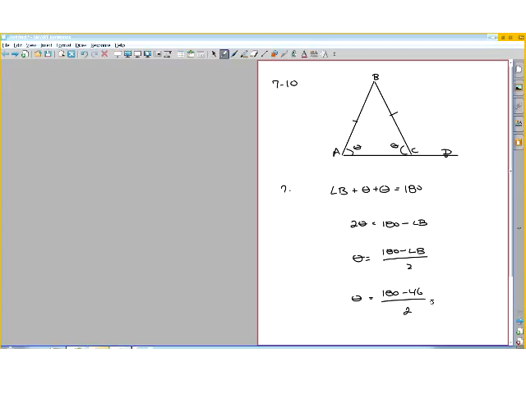Basically, we take 180, subtract 46 from it, and that has to be evenly split between the other two angles because it's an isosceles triangle. And so we get 67 degrees. So we know that angle A is 67 and angle C is 67.